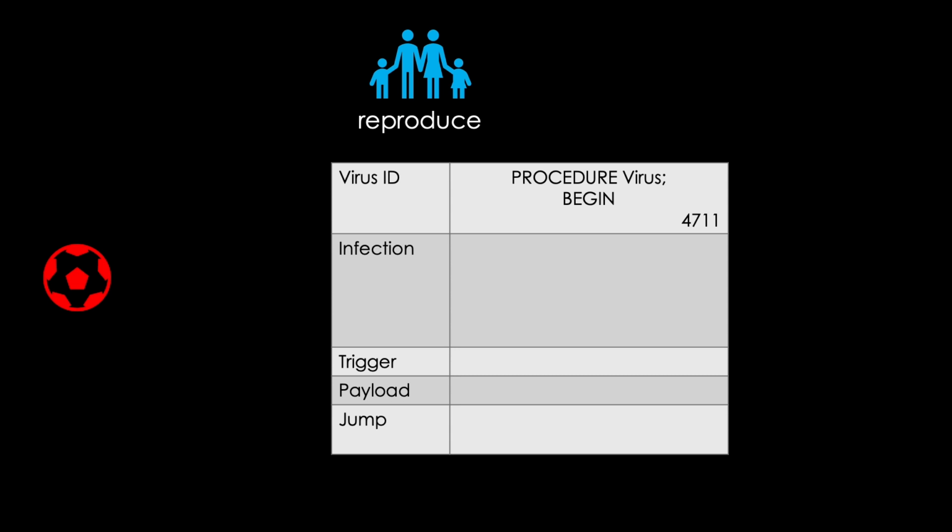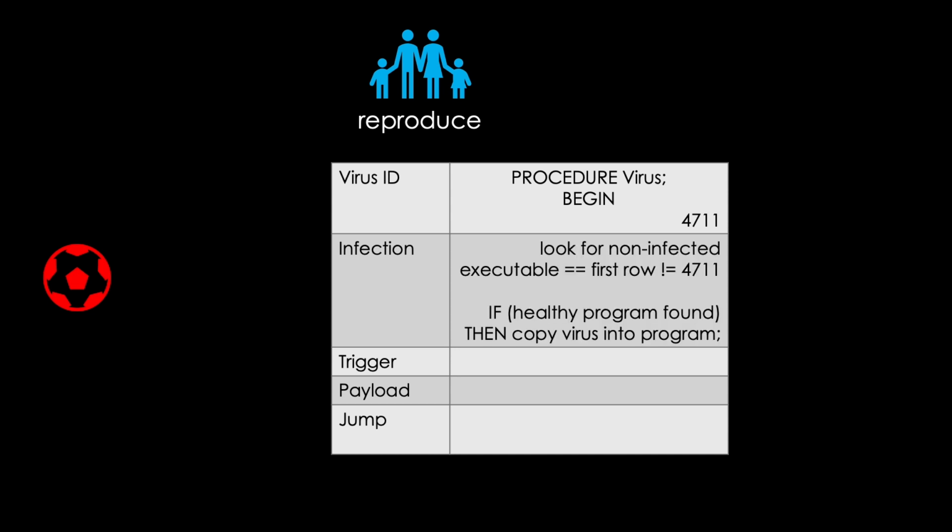Then after the virus ID, after the beginning of the code, there is the infection happening. This is how the virus actually reproduces. It looks for non-infected executables and it checks this by checking whether the ID of this virus is actually in the executable it currently queries. So if it's not yet there, it copies itself into the program.